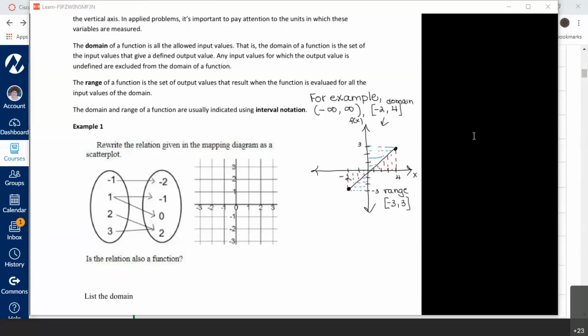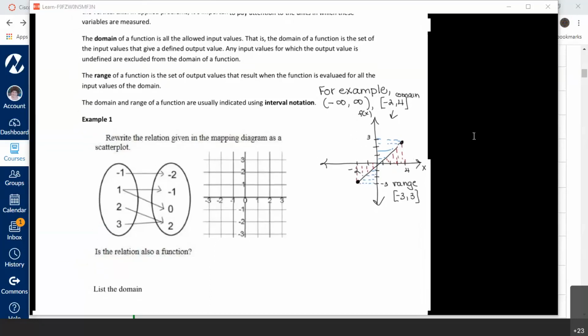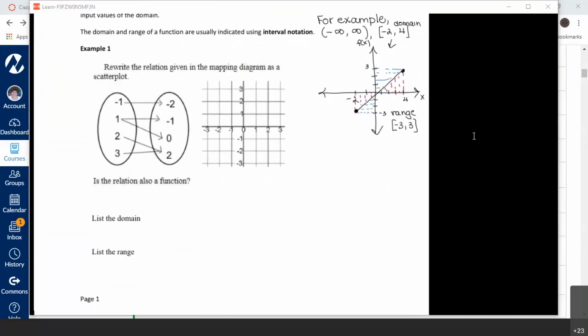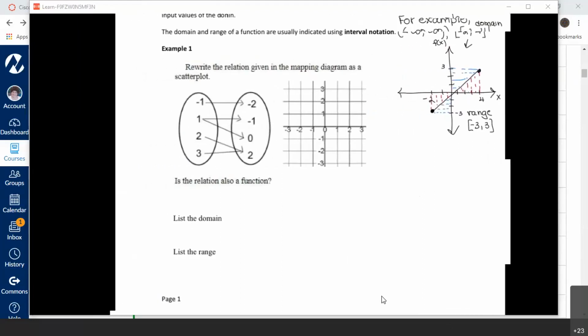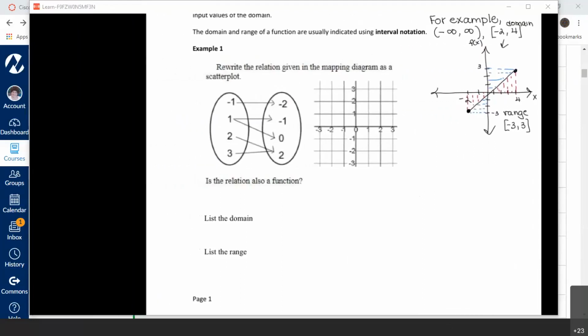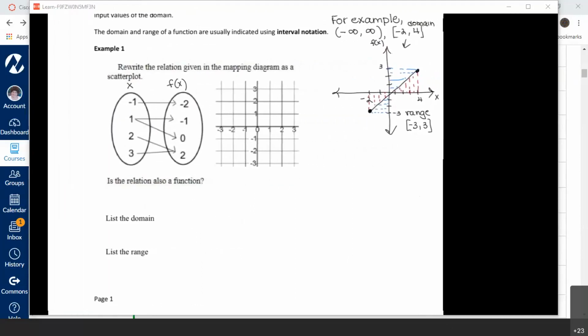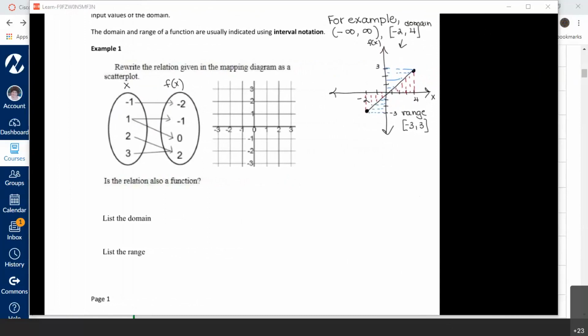Okay. There are other ways that you can express functions, though, besides a function graph. Lots of times they'll show you what's called a mapping diagram, which is this thing here. And then they want you to take this and create a scatter plot. Now, what's important to realize here is you have x and f of x or y, and the scatter plot has x and f of x as well.